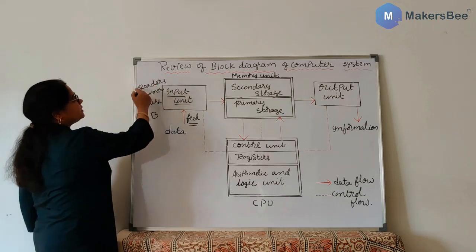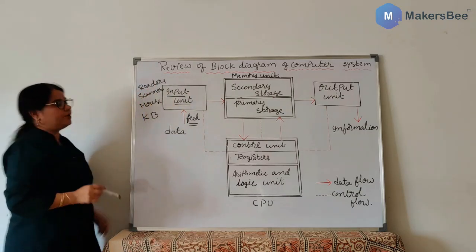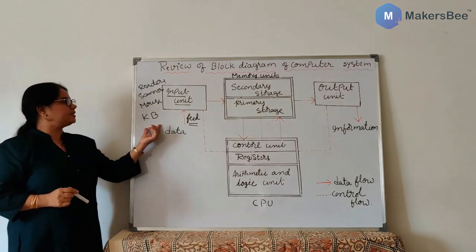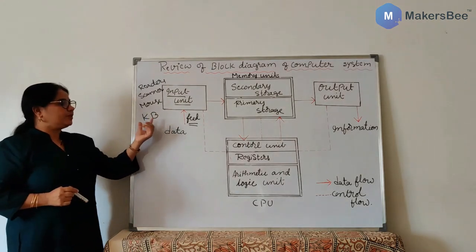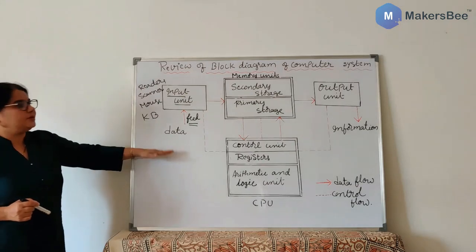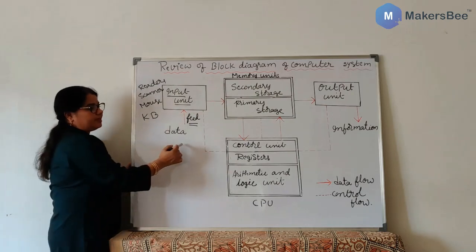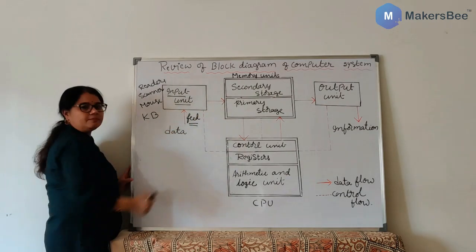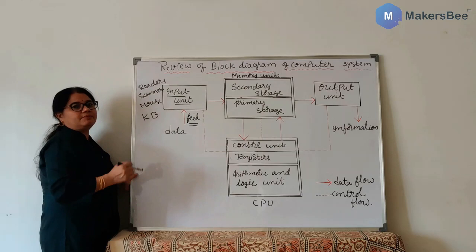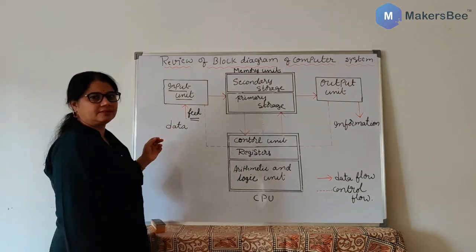Some of the input devices are readers, scanners, mouse and keyboard. Keyboard is the standard input unit and is used to convert the data from human readable form to the machine readable form. In the sense, the English form is converted into the binary language, which is machine readable format.